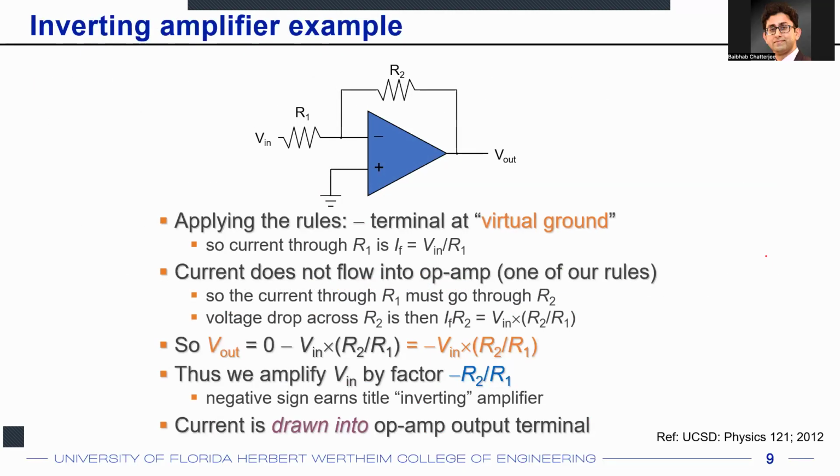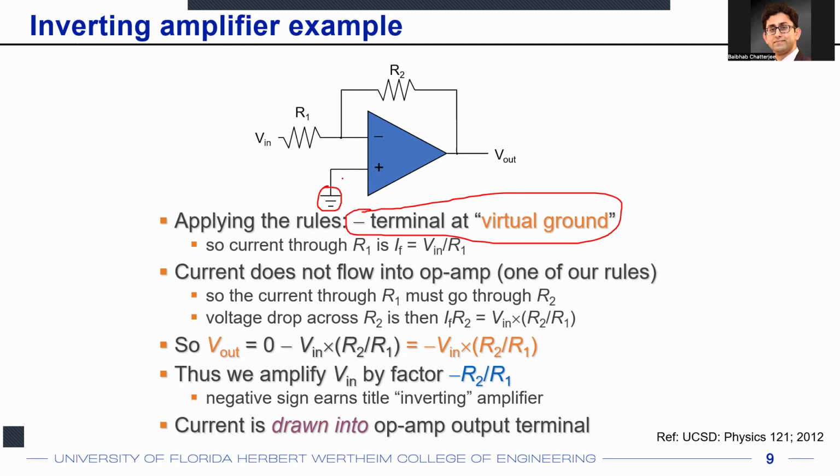Okay, inverting amplifier example. We have solved one of them in the class on the board, I believe, a few lectures back. Also, you have learned this in your 3111, that if you just apply the golden rules, the negative terminal is at virtual ground. Why do you say that your negative terminal is at virtual ground in this case? Because you have this positive terminal which is at, let's say, AC ground.